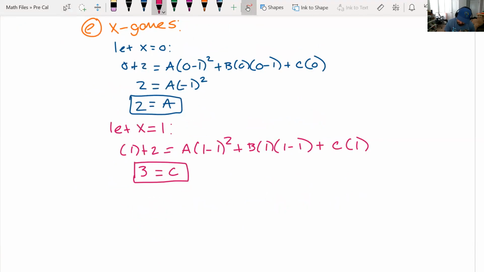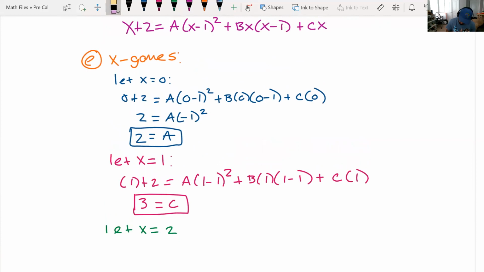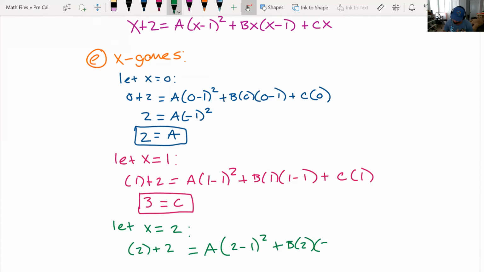So you'll get 2 plus 2 equal to A times 2 minus 1 squared plus B times 2 minus 1 plus C times 2.